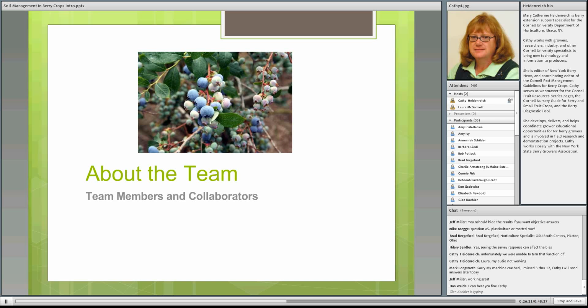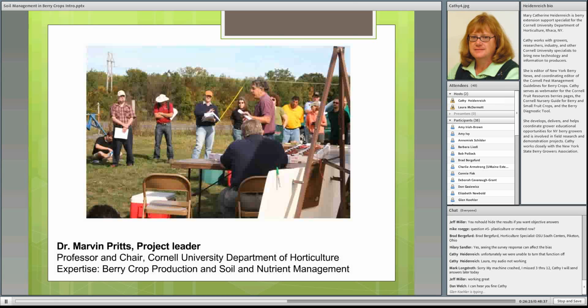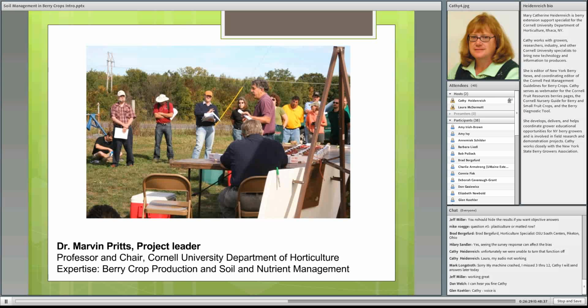So I just wanted to share a little bit with you about the team members and collaborators. The man in the purple shirt on the right is Dr. Marvin Pritts. He's the professor and chair of the horticulture department at Cornell University, and he sends his apologies. He forgot to include the time change, and he thought he would be back in time to do this presentation, and unfortunately he's still in the air somewhere.